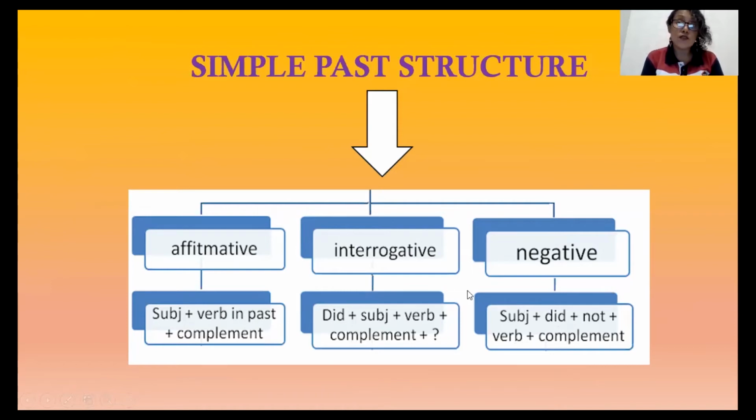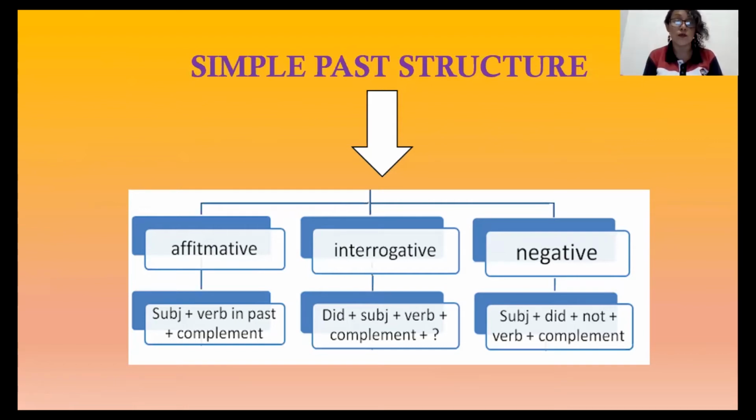And in the interrogative form, you are going to use did as a question, okay? Did plus subject plus the verb in simple form as in the negative plus the complement. So this is the way to make sentences. For example, I went to the party last Saturday. It could be I went, my verb in past. But if I say in negative, I'm going to say I didn't go to the party last Saturday.